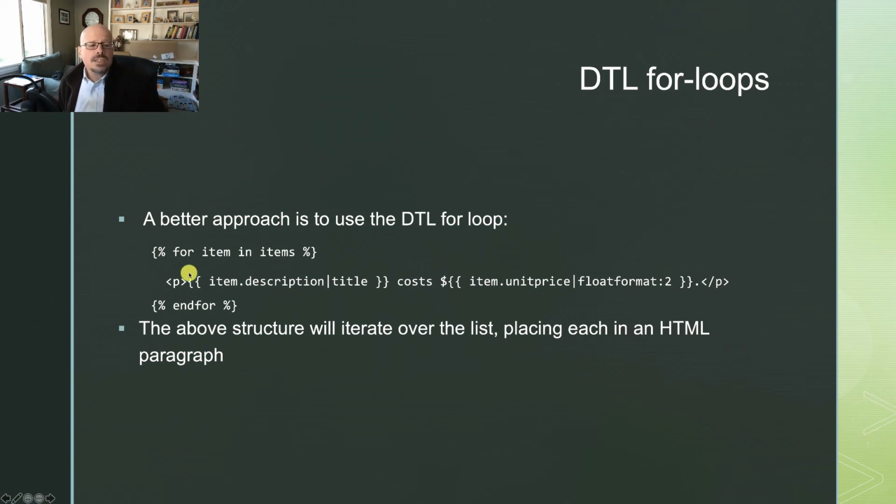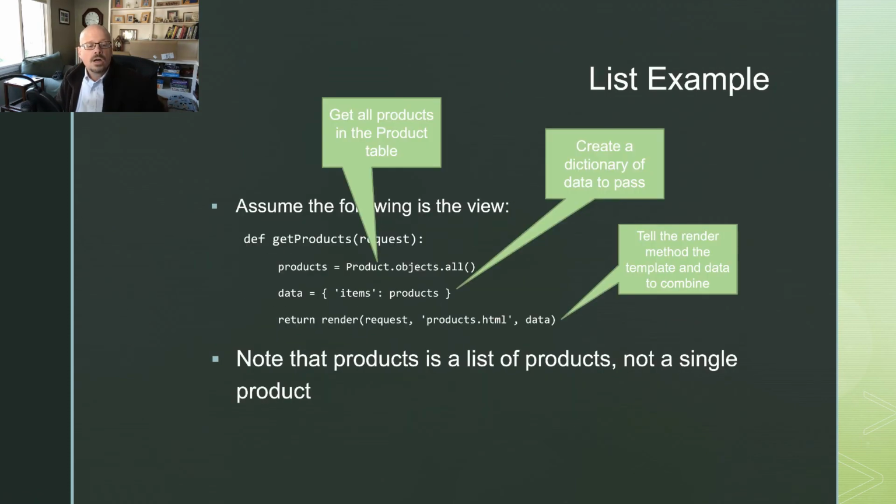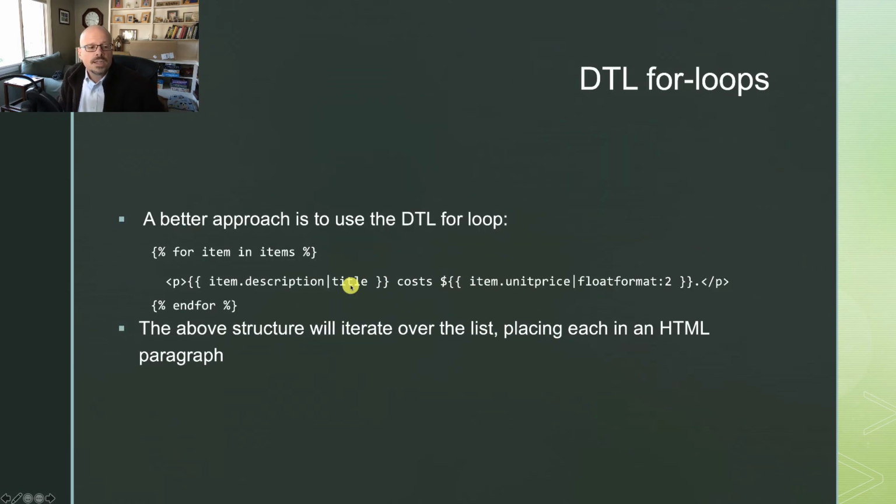Again, items here is the item that was passed. If we go back, the key was called items, so that's how we have to refer to it in the template. You can iterate across the items by saying for item in items. Now item will be instantiated to each item in the list of items as it goes through the loop.